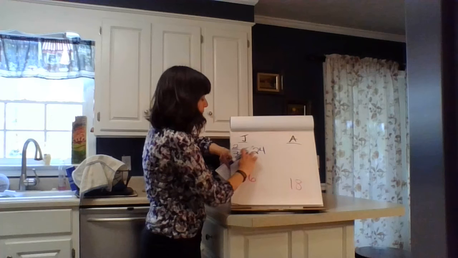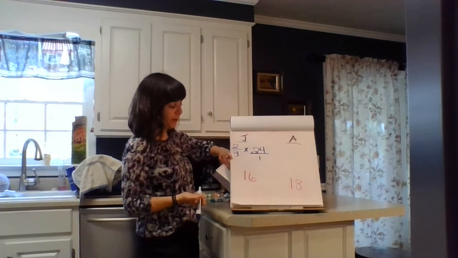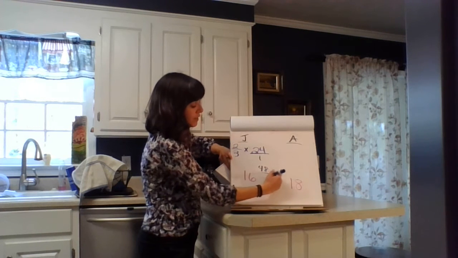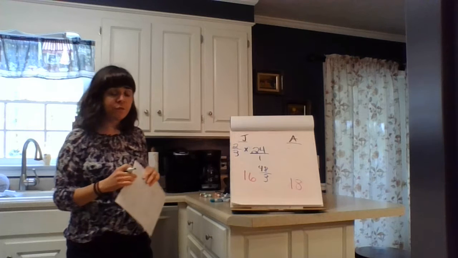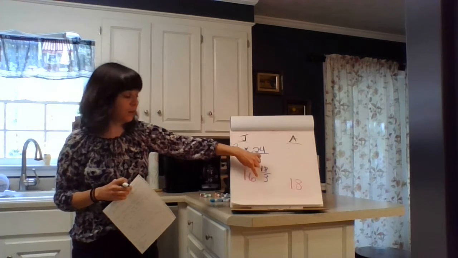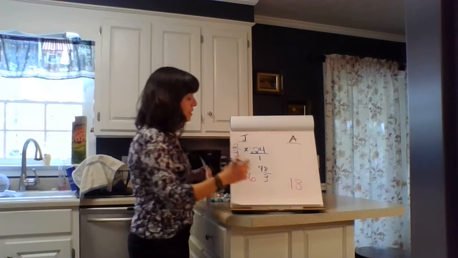So we're actually going to be multiplying, and to make this a fraction, I would just put it over 1. So 2 times 24 is 48, and 3 times 1 is 3, and I know that the fraction bar means to divide, so 48 divided by 3 is going to give you 16, or the same answer that we got with the picture.